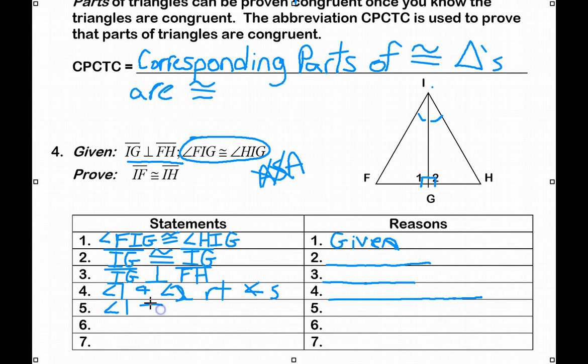Angle 1 congruent to angle 2. And your reason would be all right angles are congruent. That took care of the other A. So now what we did is we proved the two triangles congruent. So let's go ahead and write that congruent statement. We could call it triangle FIG if we want.